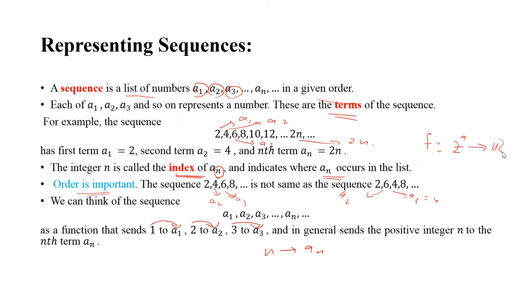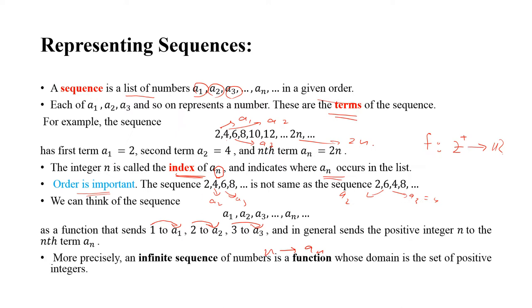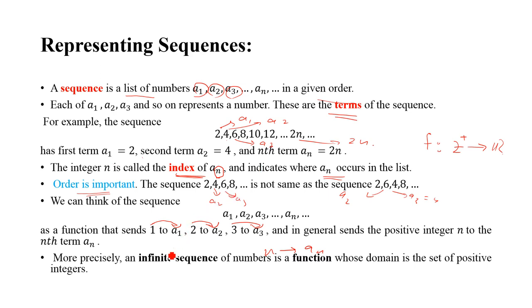Since we are discussing real numbers right now, more precisely we can call it an infinite sequence. The infinite sequence of numbers is a function whose domain is the set of positive integers.